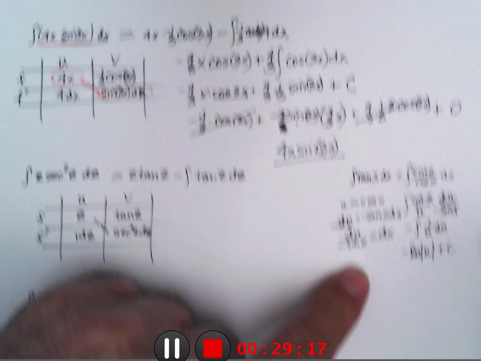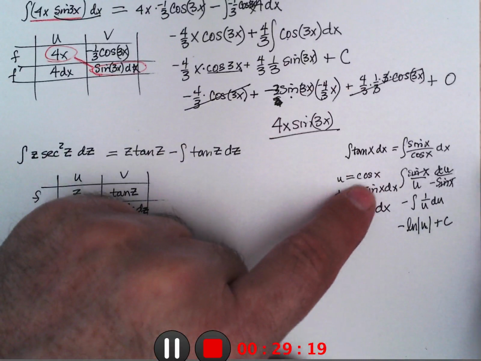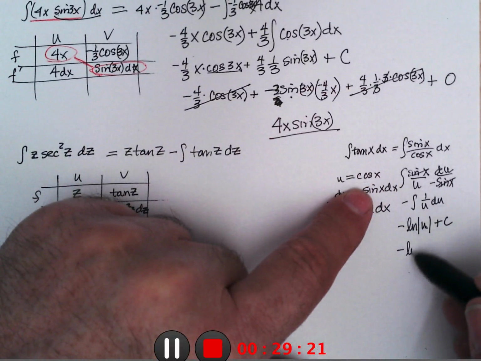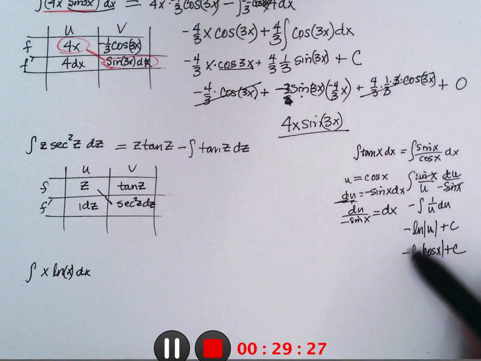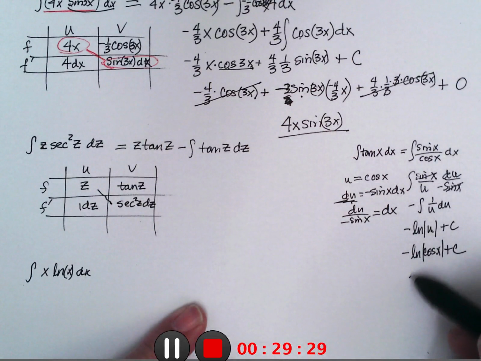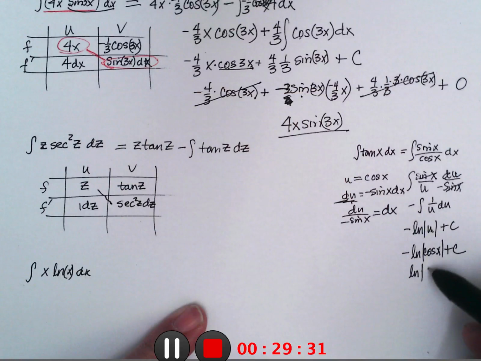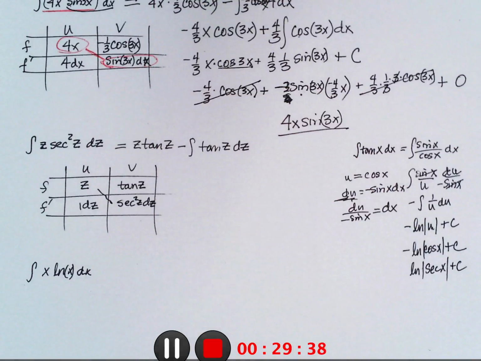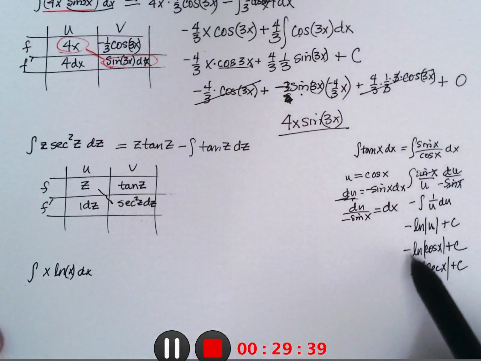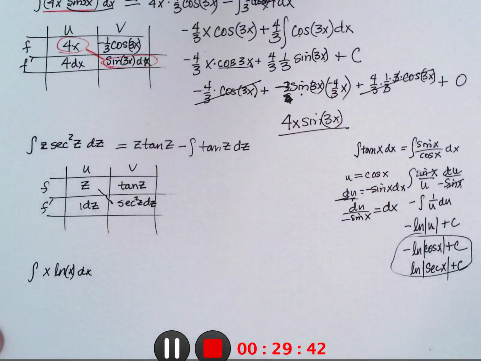And u was cosine x, so it's negative ln cosine x plus c. And if you let the negative go up, it becomes ln secant of x plus c. Either one of these works for the antiderivative of tangent.